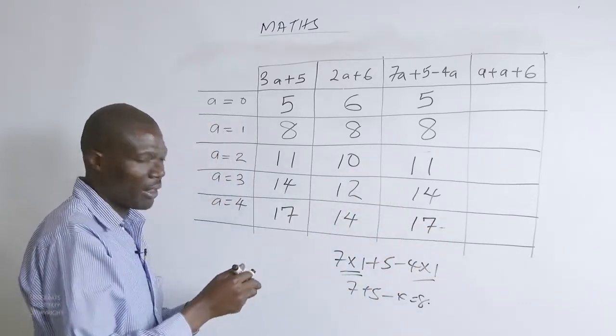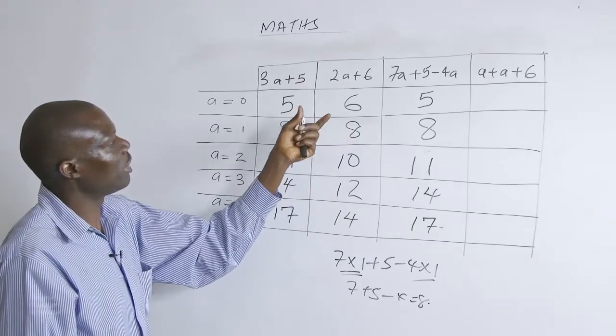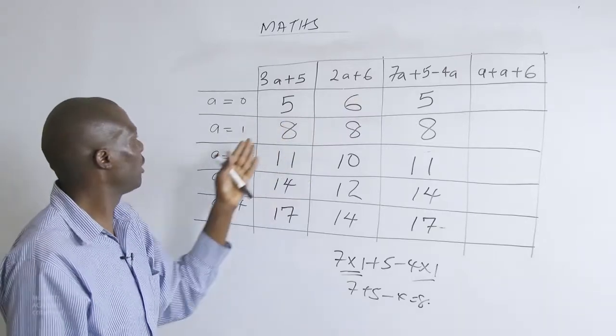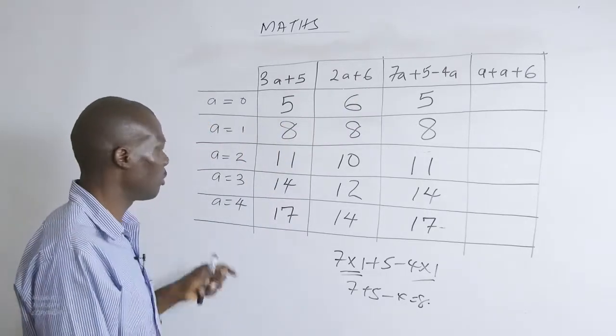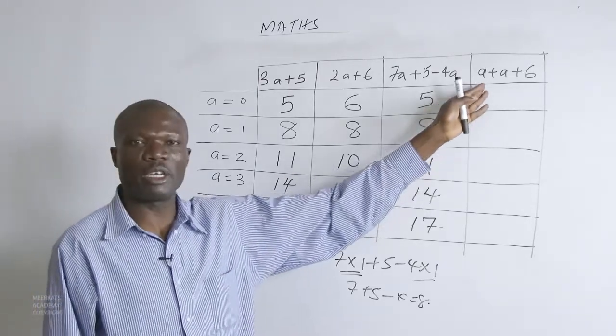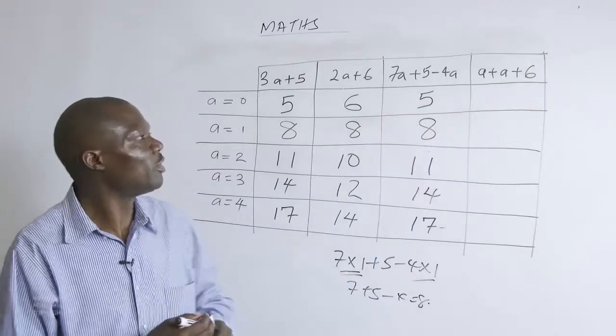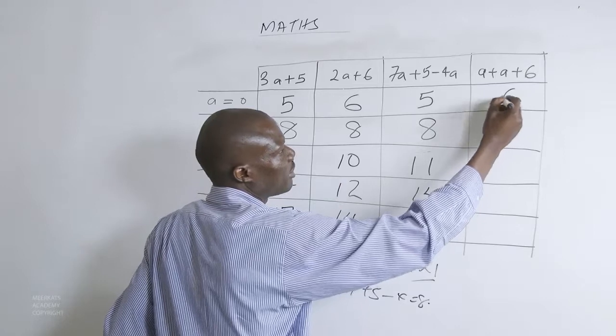So these are the various values of this expression given the values of A ranging from 0 all the way to 4. For the last one, again, which has 3 terms, it is A plus A plus 6, which implies that when A is 0, it is 0 plus 0 plus 6, which is 6.